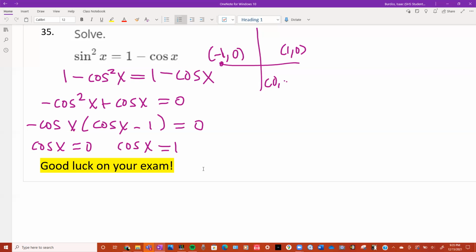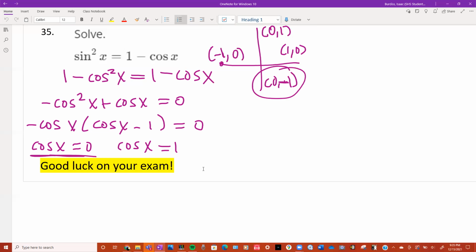Cosine is x, so cosine 0 would mean where x is 0. X is 0 here. That's the wrong point, that's 0, 1. Oh my gosh, this stupid stylus, I'm about to smash it.